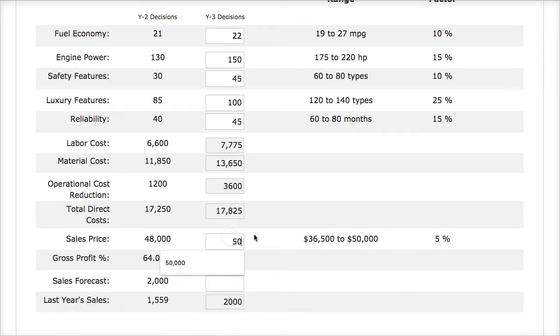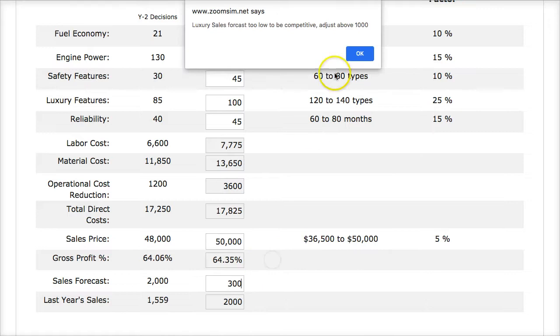Okay, so let's see. And the same thing for luxury.